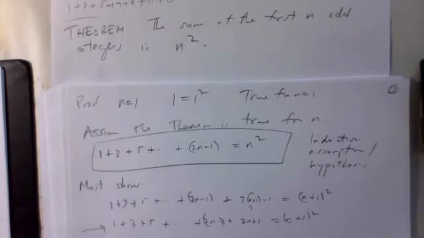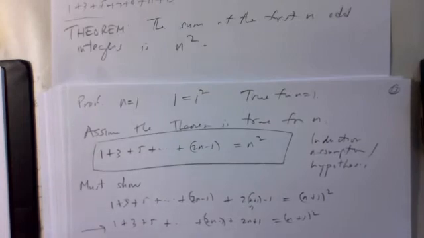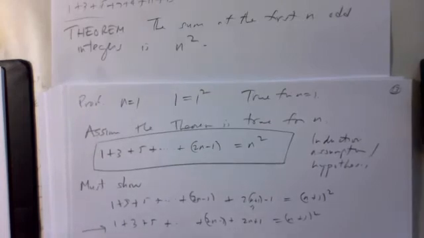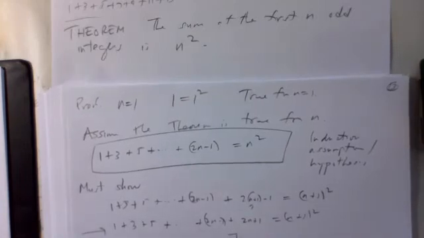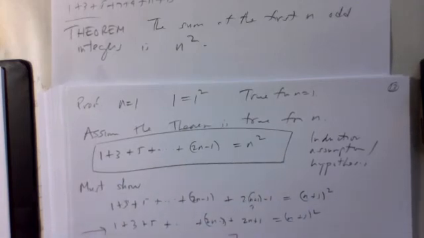So here's the little proof of this statement. 1 plus 3 plus 5 up to 2n minus 1 plus 2n plus 1. That's the sum of the first n terms plus the n plus first term. But by the induction hypothesis, this is equal to n squared plus 2n plus 1.